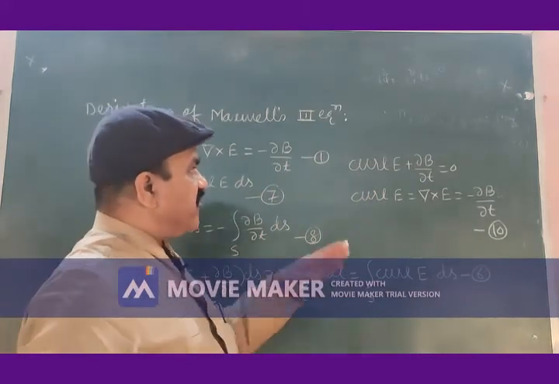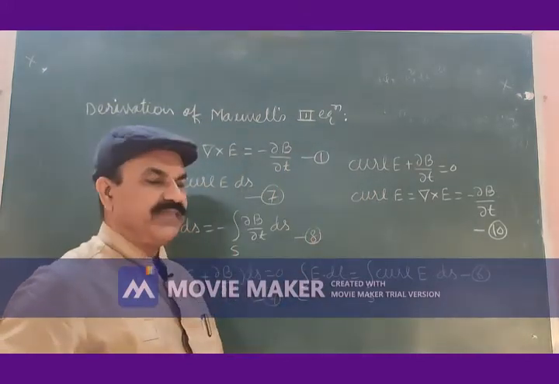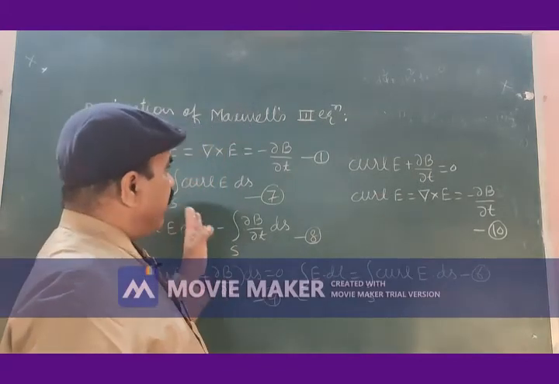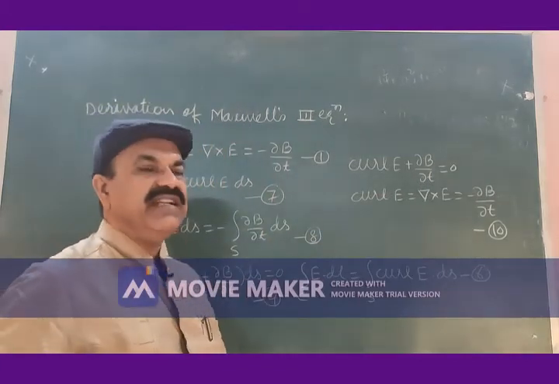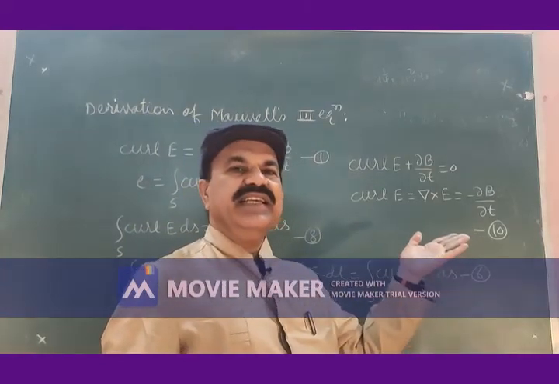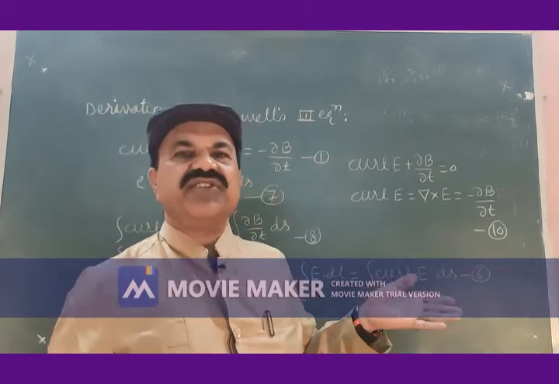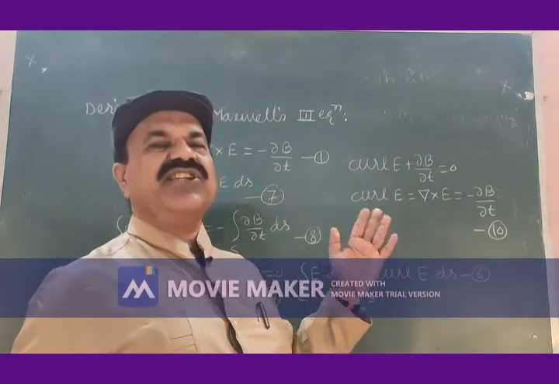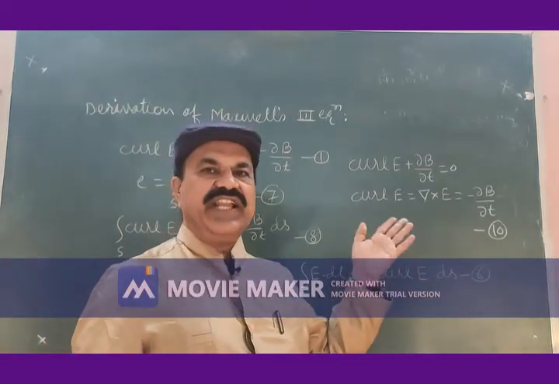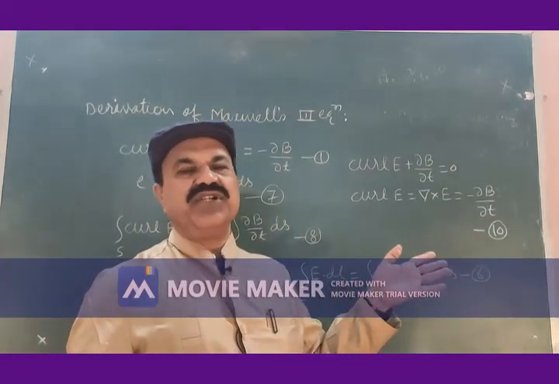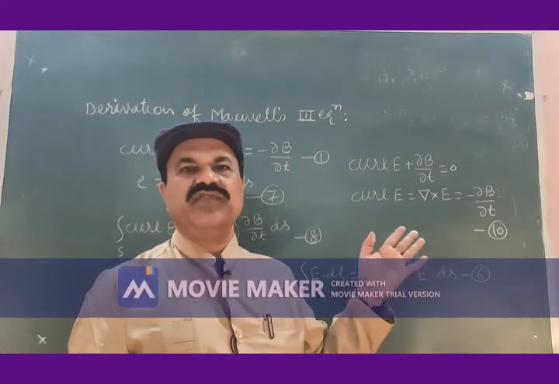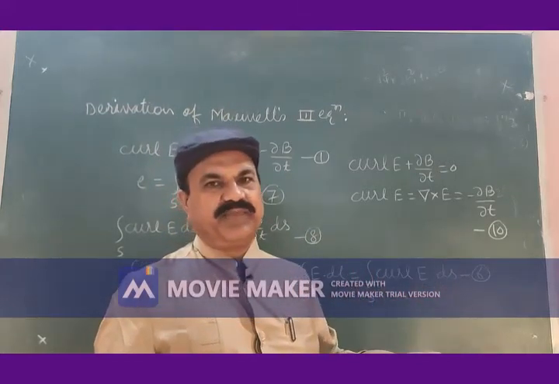Let us compare equation 10 with equation 1. We find that 1 and 10 are same. That is, equation 10 gives the derivation of Maxwell's third equation of electromagnetism.